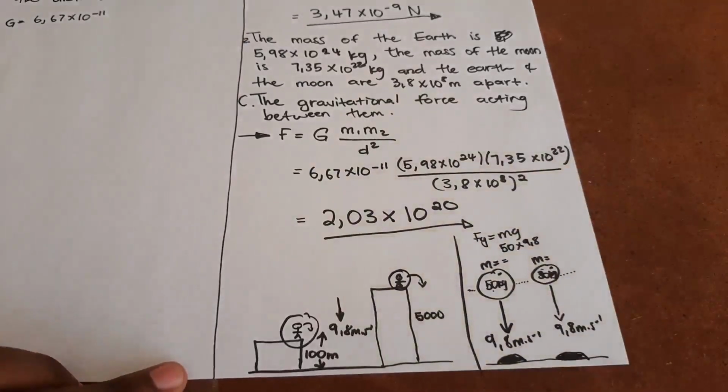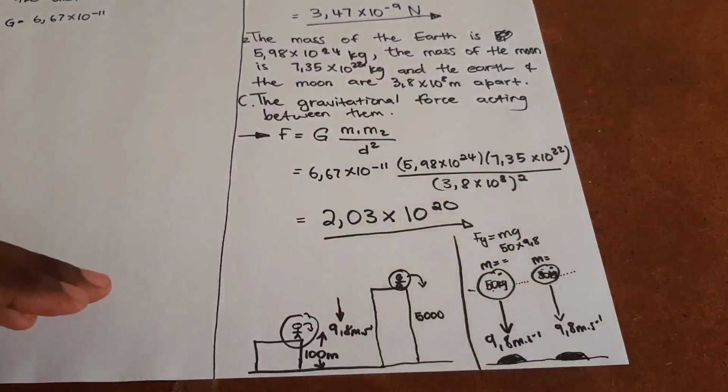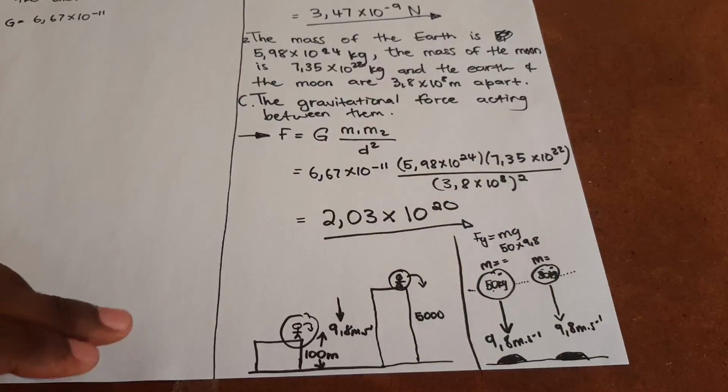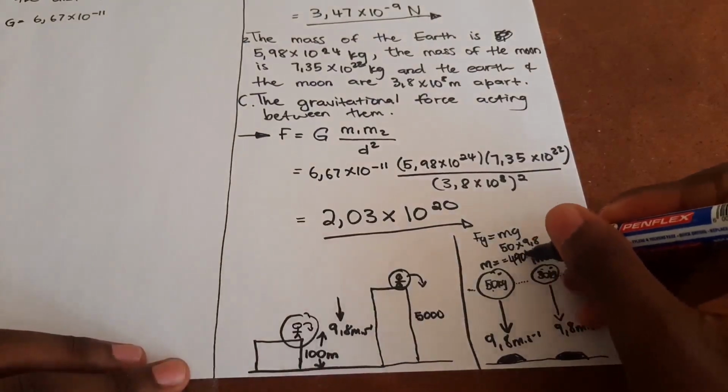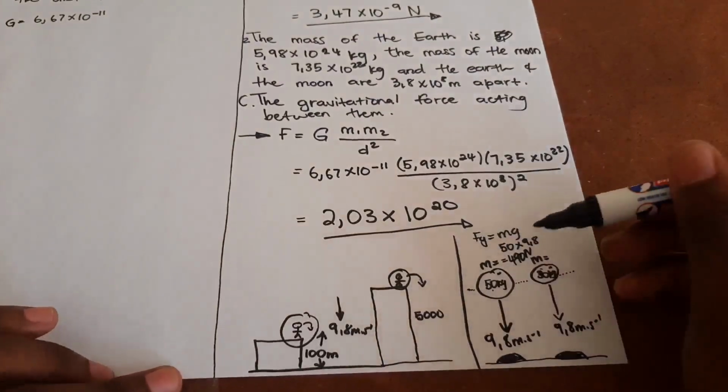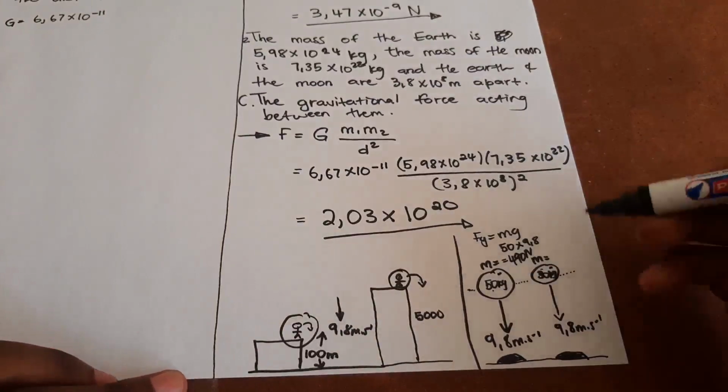Pressing the calculator, 50 multiplied by 9.8 is equal to 490 newtons. That's the gravitational force acting on that 50 kg.